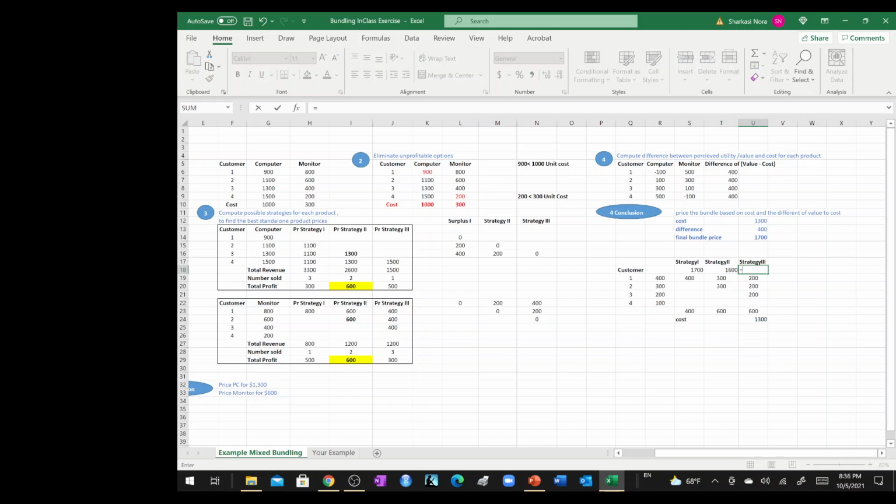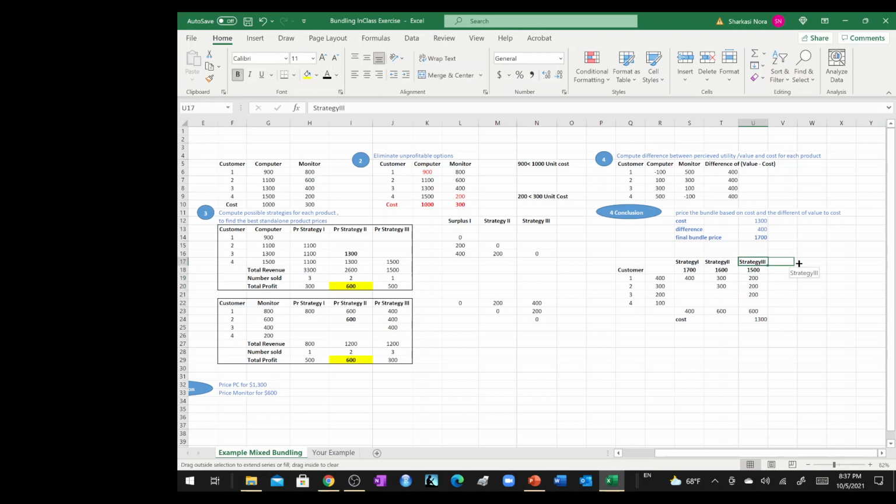Here, if you price it at the cost plus 200, then you are selling it for 1,500. So if you are selling it for 1,500 or 1,600, regardless, then you are going to make the same money, as you can see. But over here you have to sell for more people, for more segments. Over here you have to sell for less.